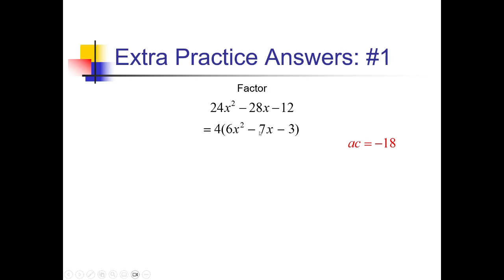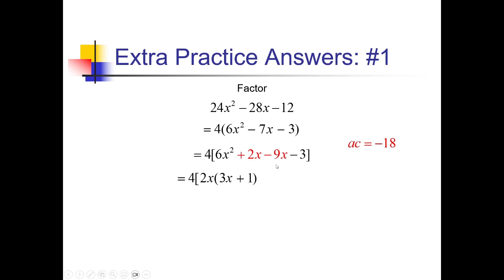1 and 18 doesn't work. 2 and 9 works if I have positive 2 and negative 9. So I can break this up into a 2x minus 9x in the middle. That's my only change there. Next, I'm going to use grouping on the 4 terms inside. So I'll take out a 4 here, or at least I already had one taken out. The next 2 terms, I can take out a 2x, leaving me with 3x plus 1.